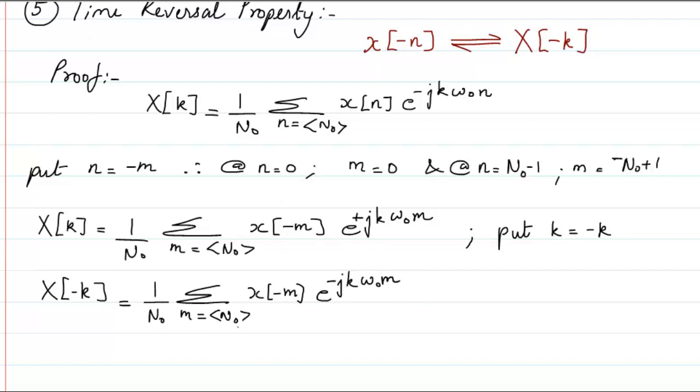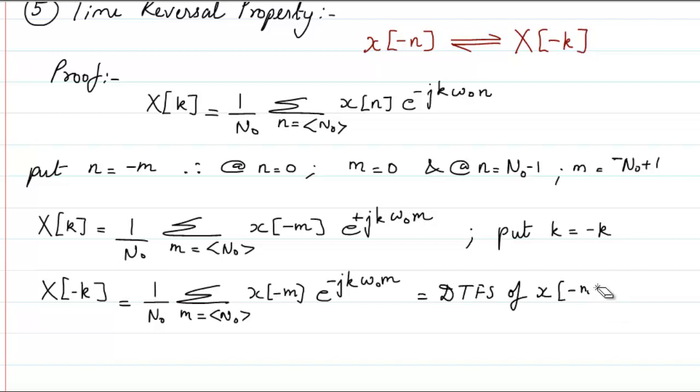Now what is this? This equation is with respect to m for a function x of minus m. So that means this is basically the DTFS of x of minus m, or I can write x of minus n.